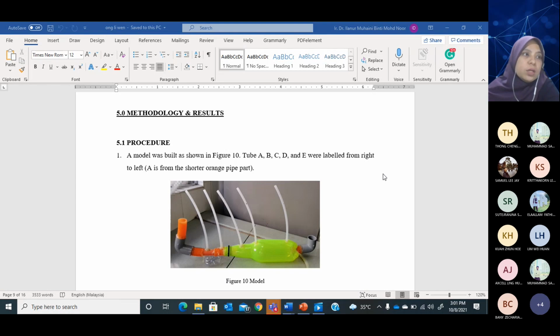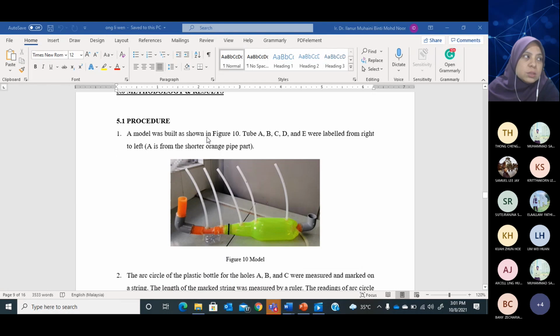Okay, so now we look at one of the samples that a student did. Methodology and result. Procedure. A model was built as shown in figure 10. So figure is important. Next to the figure, you don't just put the figure, you must have a title next to it.